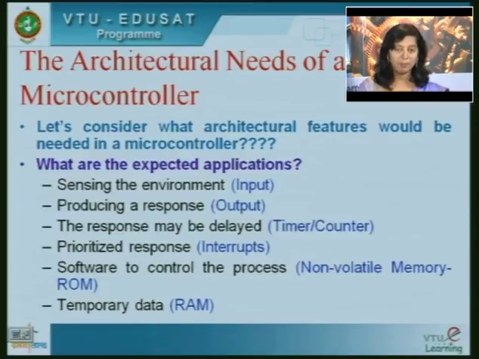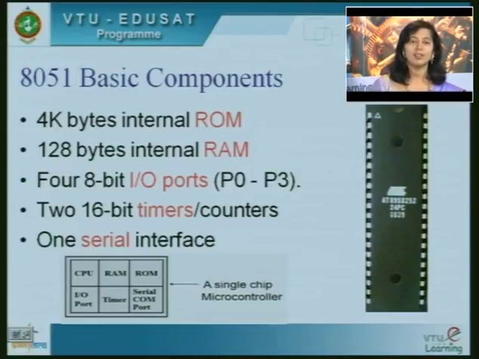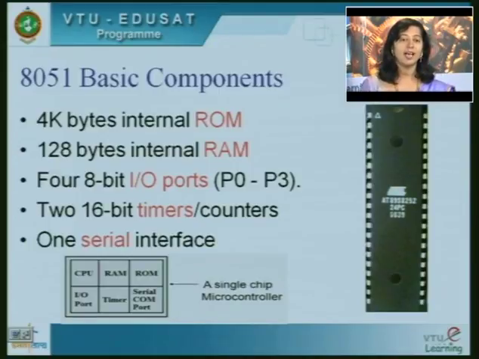All these things can be interconnected using wires or buses. So the basic architecture of 8051 has, as you can see here, a CPU, which is the central processing unit. This is where all the arithmetic and logical functions are implemented.